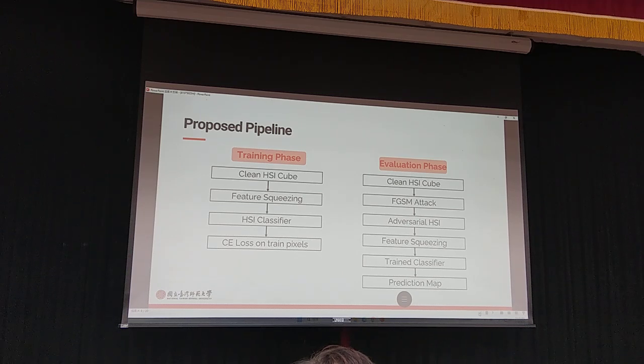During evaluation, FGSM first generates an adversarial HSI cube, and feature squeezing is applied before classification. This consistent design avoids distribution mismatch between training and evaluation. The model architecture itself is unchanged. Only the input representation is transformed.